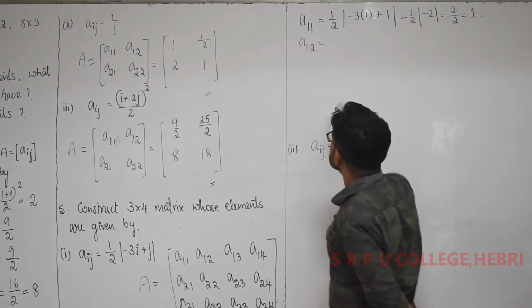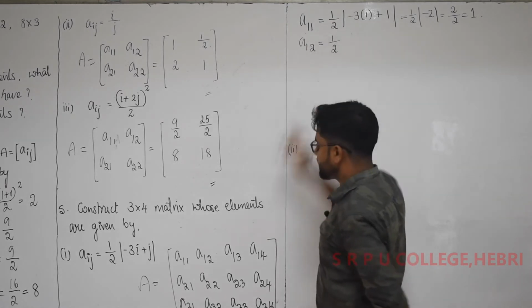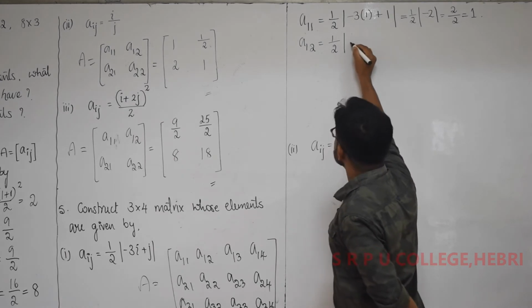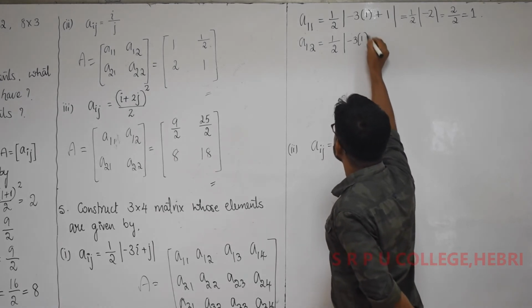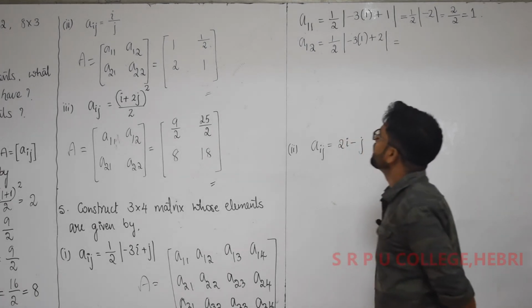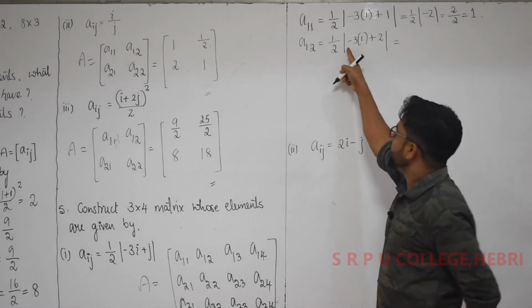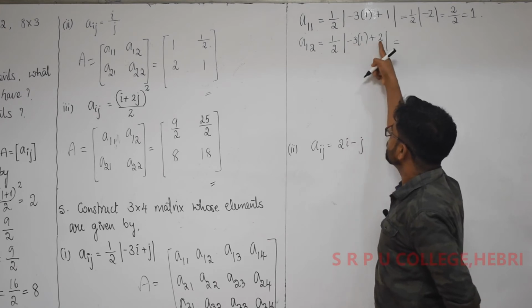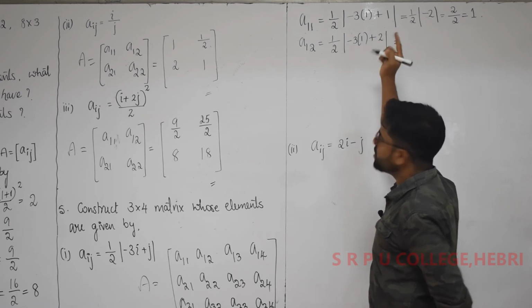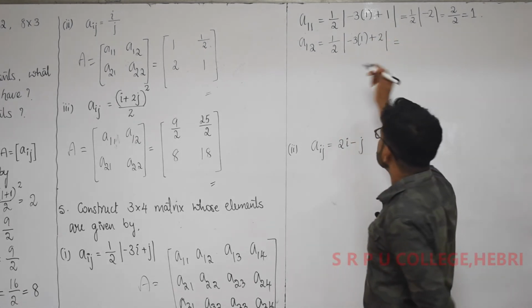Now A12, we will find A12. Using that given condition, Aij is 1 by 2 into modulus of minus 3 into 1 plus j, which is 2. Minus 3 into 1 is minus 3 plus 2. Minus 3 plus 2 is minus 1. Minus 1 because of modulus becomes plus 1. 1 by 2.